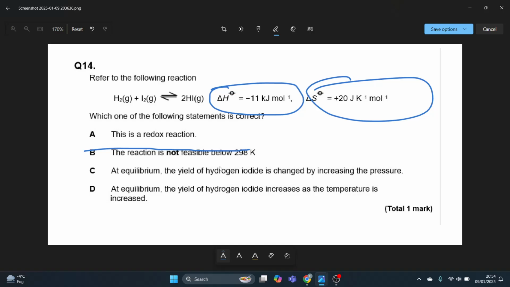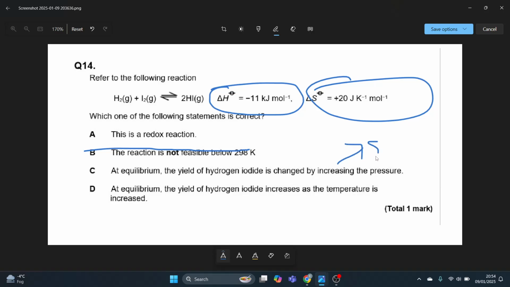At equilibrium, the yield of hydrogen iodide is changed by increasing temperature. At equilibrium, the yield of hydrogen iodide increases as the temperature is increased. So either C or D are going to be incorrect, or they're both going to be wrong, and therefore it must be A. And I'm pretty confident with C and D. Let's do it. At equilibrium, the yield of hydrogen iodide is changed by increased pressure.